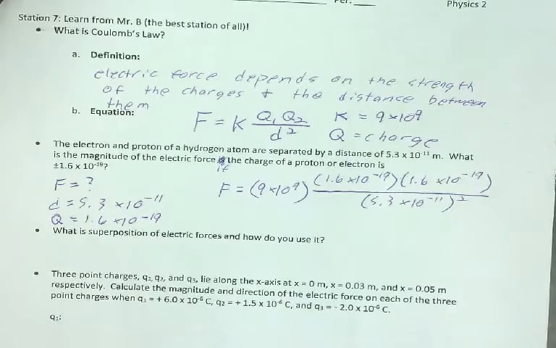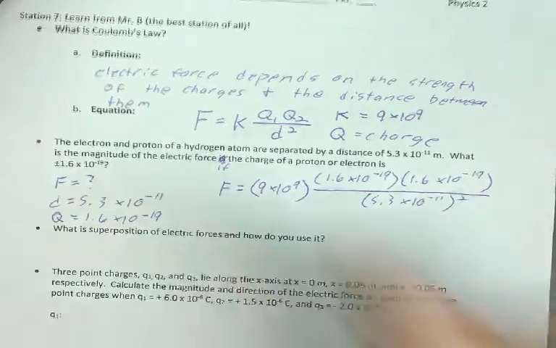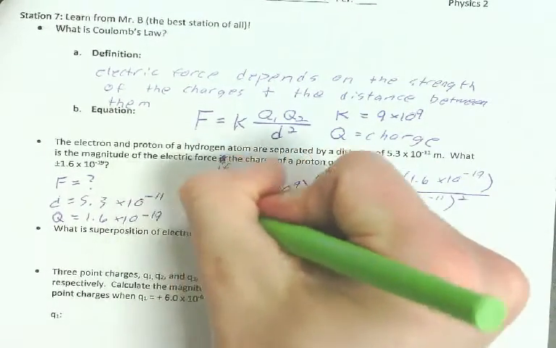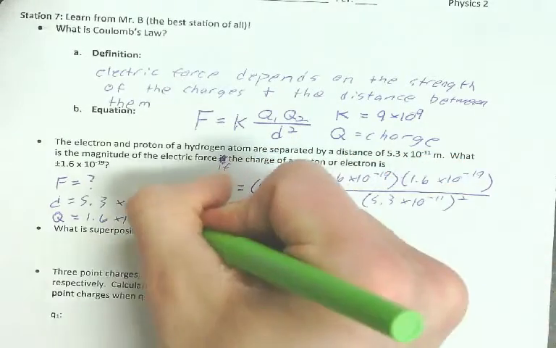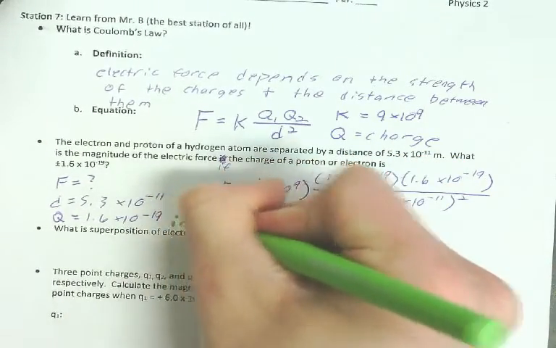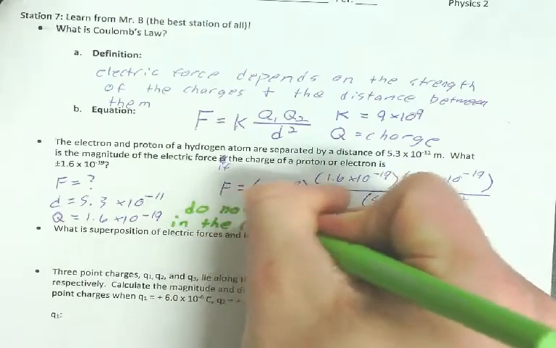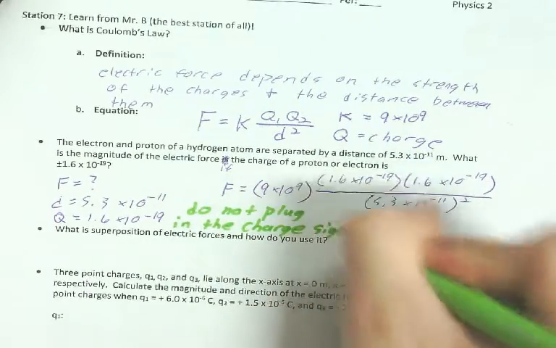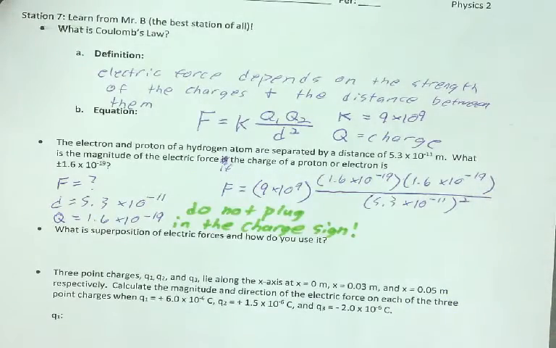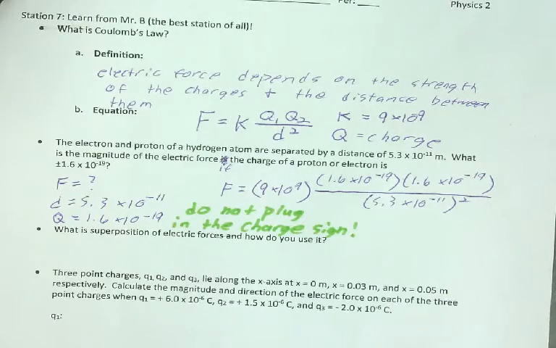Okay, before I solve this out, I want you to write something down. Do not plug in the charge signs. Notice I did not make one positive 1.6 and I did not make the other one negative 1.6.